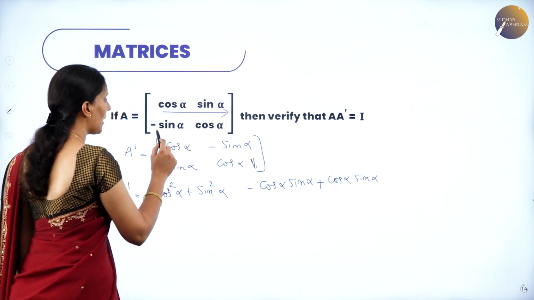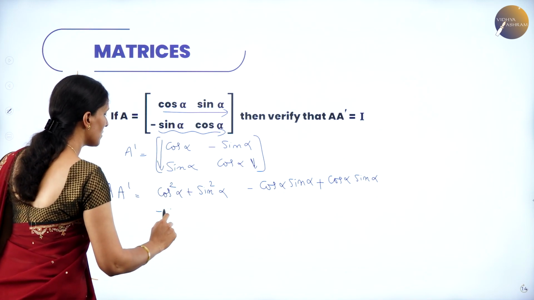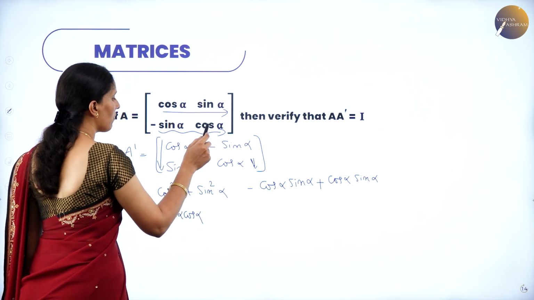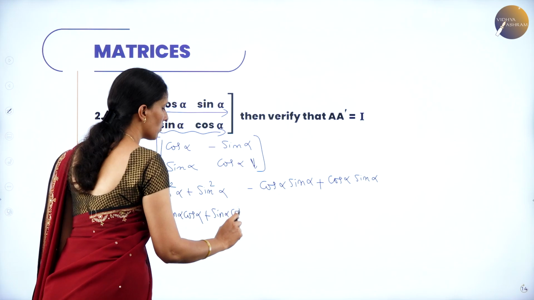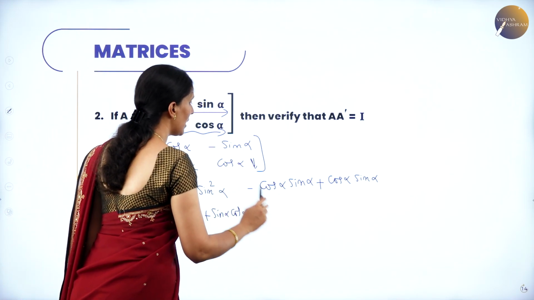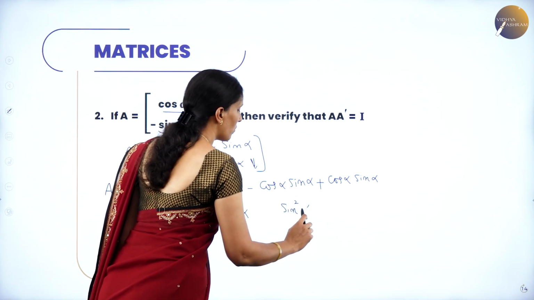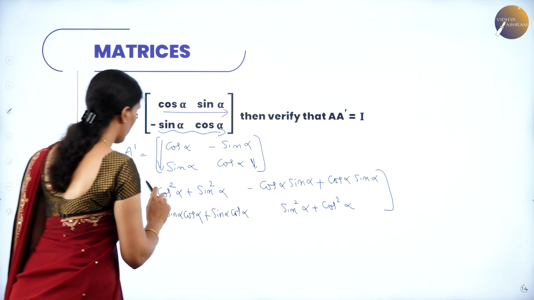Similarly, we will multiply the second row with the first column. Minus sin into cos becomes minus sin alpha cos alpha. Next we have cos alpha into sin alpha, that is sin alpha cos alpha. Next, second row, second column, we get minus into minus plus. So it is sin square alpha and cos alpha into cos alpha, cos square alpha.